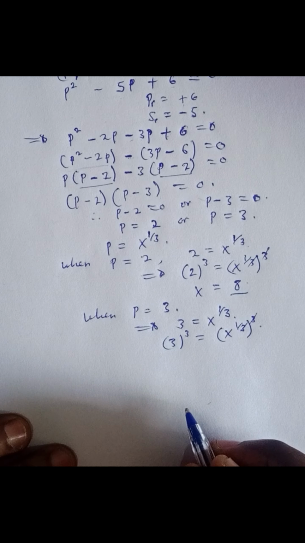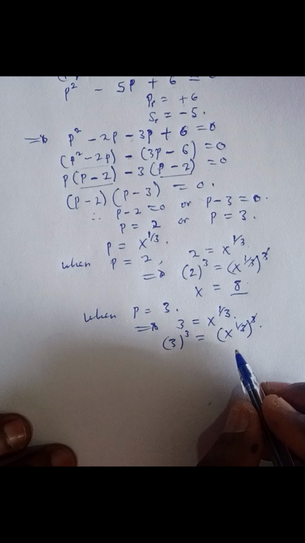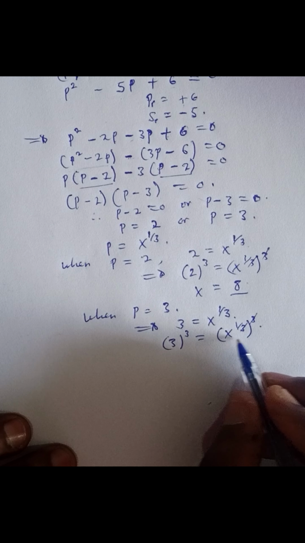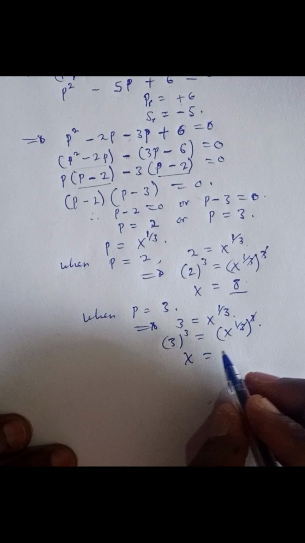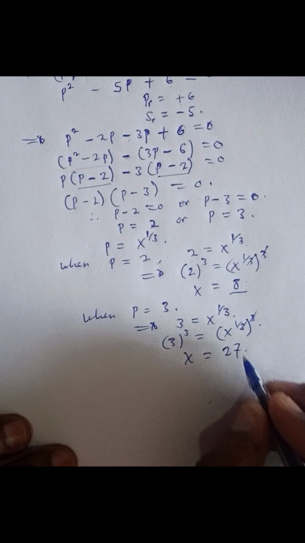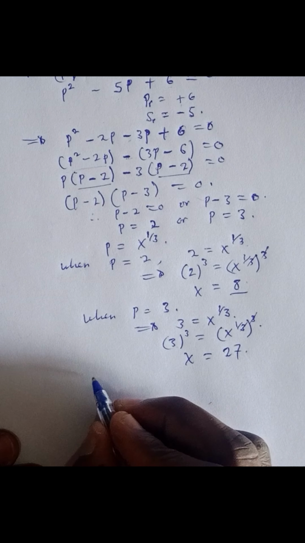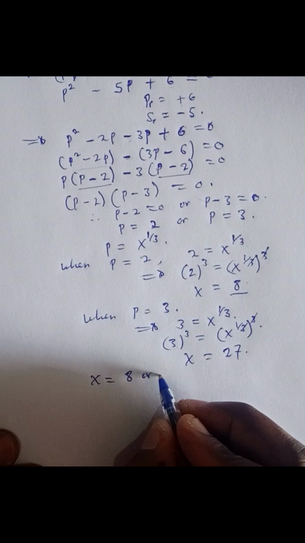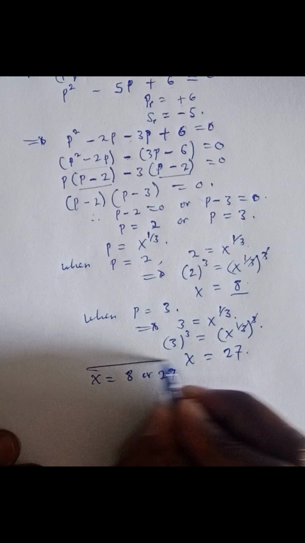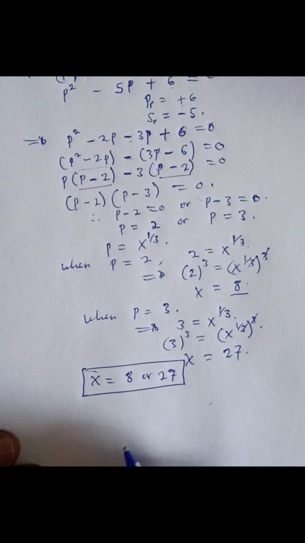So 3 will cancel 3, making what? So we now have x alone, so 3 raised to power of 3 will be 27 here. Okay, finally x is equal to 8 or 27. This is the solution to the problem.